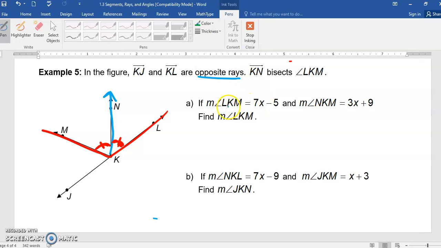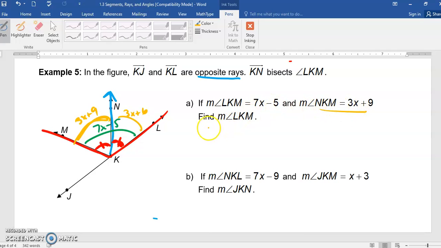We have LKM. That's the whole big red one. This is 7x minus 5. NKM is one of those pieces. How big is NKM? Okay, this is a 3x plus 9. Well, if that's a 3x plus 9, then this would have to be a 3x plus 9 also.